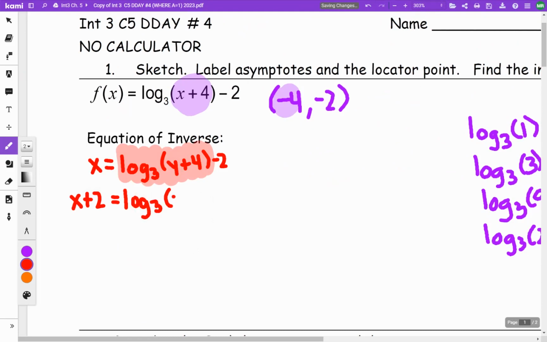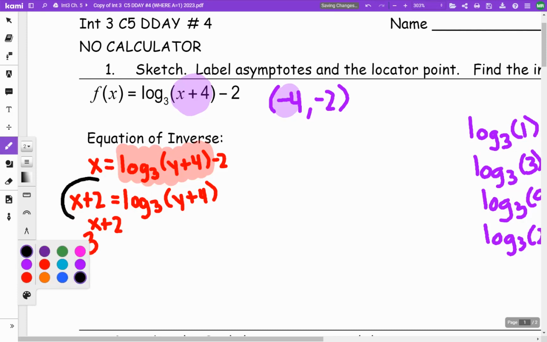Now, when I do that, I end up with my logarithm with my y inside, and I'm trying to get that y undone. So to undo a logarithm, I'm going to rewrite it in exponential form. I'm going to have 3 to the power of x plus 2, because logs are equal to the power.